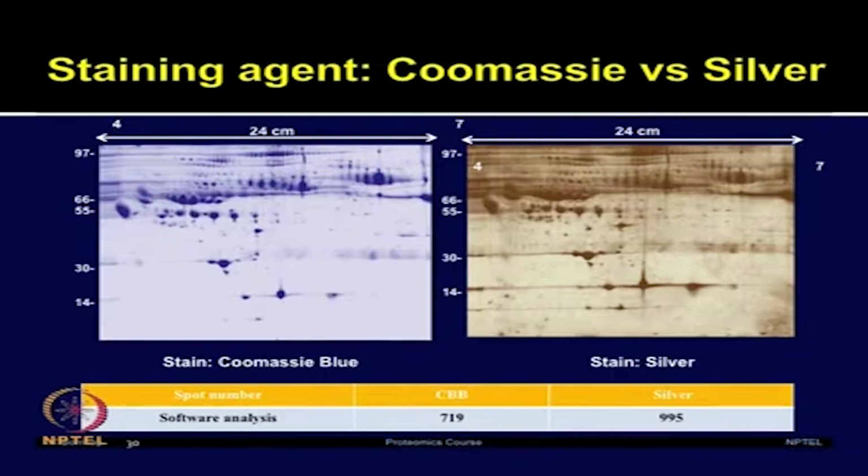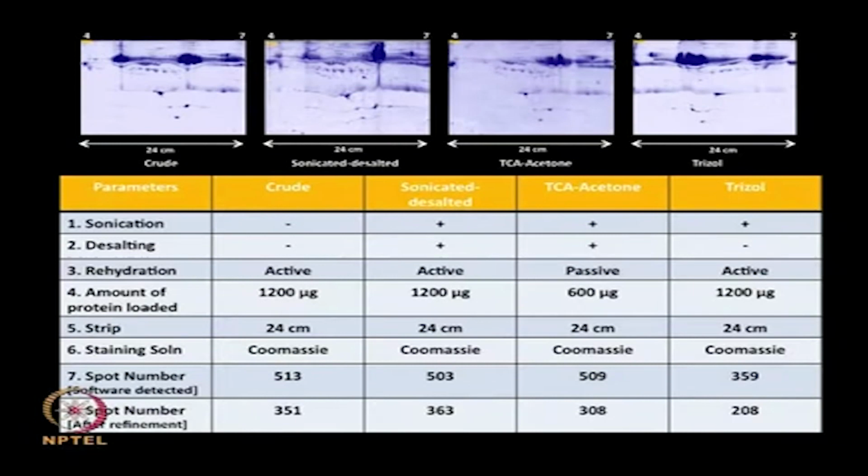for all the gels. This slide gives you an overview of various parameters which we investigated from different treatments: crude serum, sonicated and desalted, TCA acetone precipitated and Trizol extraction methods.